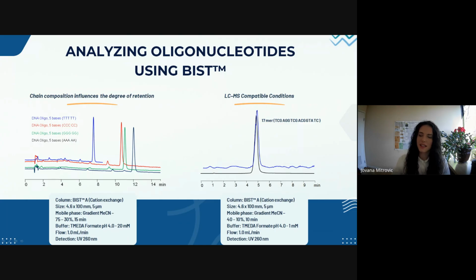So this demonstrates that BIST doesn't just separate based on size or total charge, it also has the ability to distinguish subtle differences in molecular structure, which is extremely valuable in oligo quality control and impurity profiling.